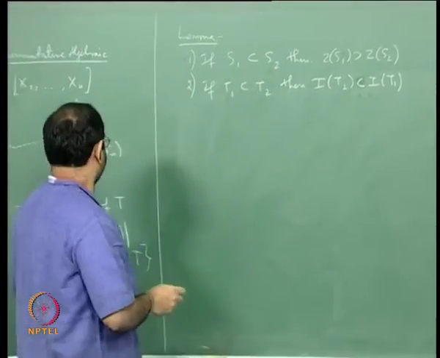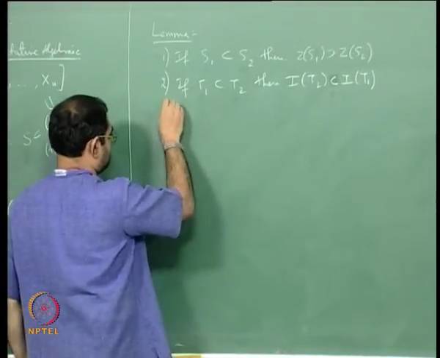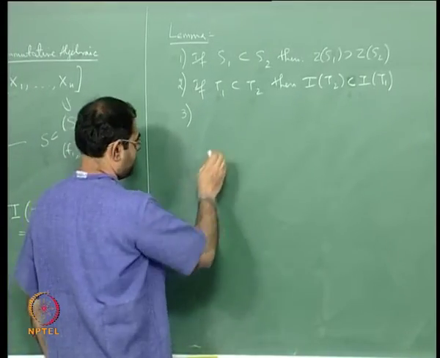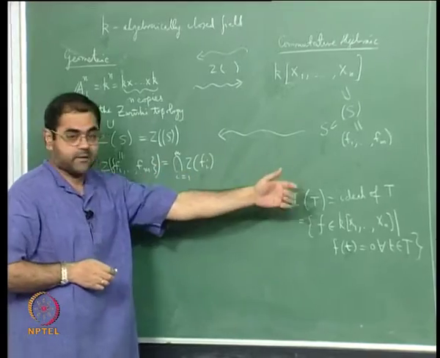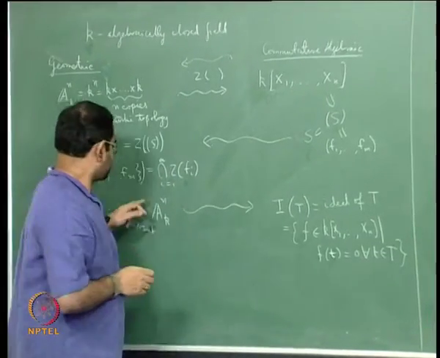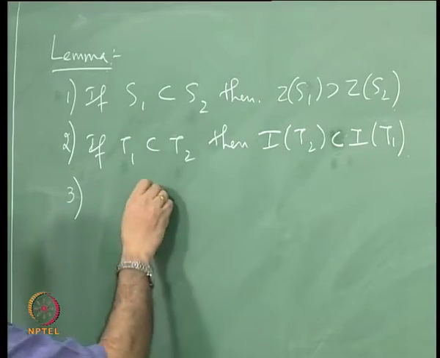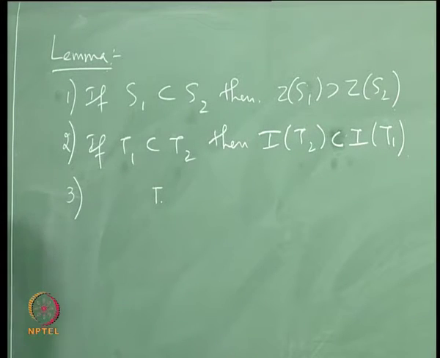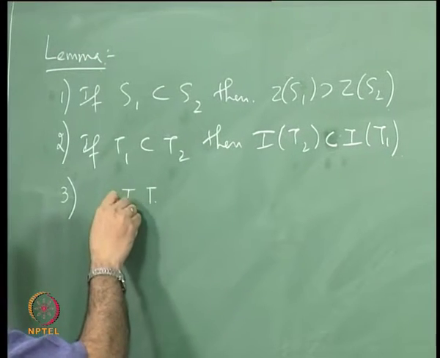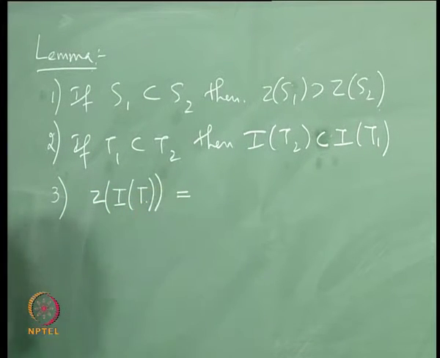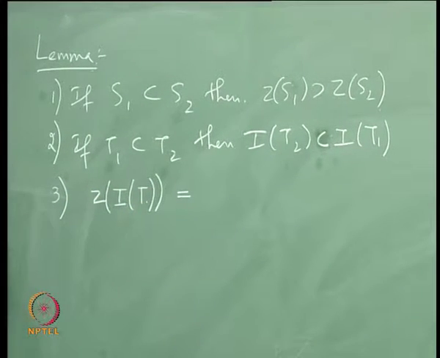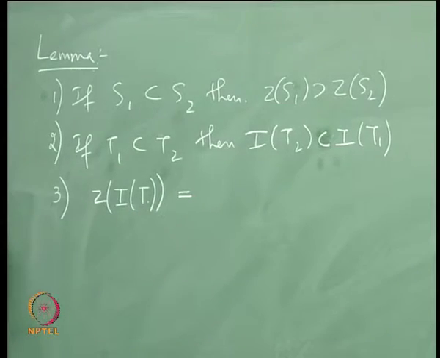So this is quite obvious, but what is not directly obvious is the following thing. You see, what happens if you go and come back? Okay, so if I start with the T on this side, okay, then I take the ideal of that, and then I take the 0 of that, what do I get? So this is something that one has to worry about.